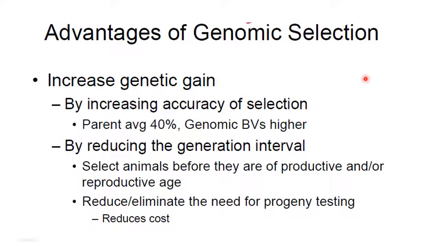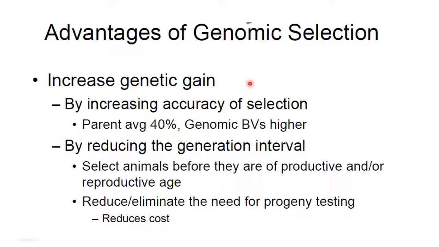So from this section, we can maybe summarize to say what are the advantages of genomic selection. The biggest advantage is obviously that you will increase the rate of genetic gain, simply because your accuracy of genetic value prediction or breeding value prediction will be increased.